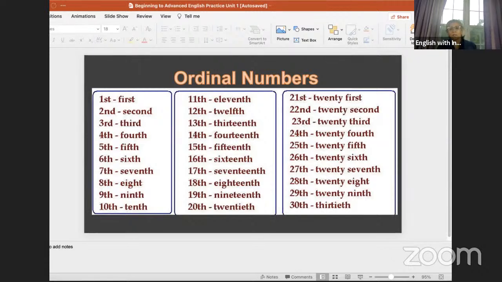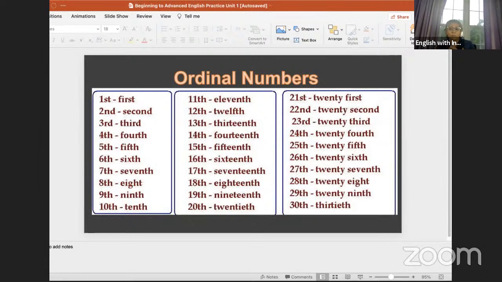We use ordinal numbers when we are talking about people standing in a queue, the 4th person in the line, or the 5th person in the line. Or sometimes when we talk about the houses on the same street, the 5th house from my house, like that. So I hope this is clear to you.